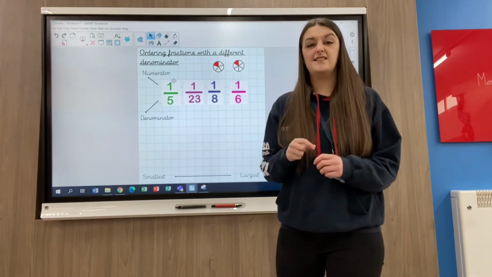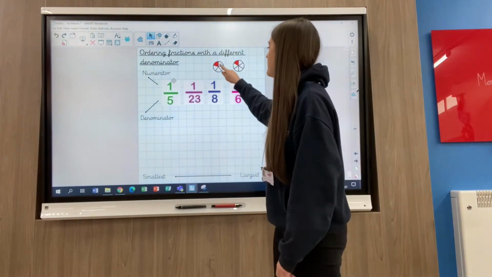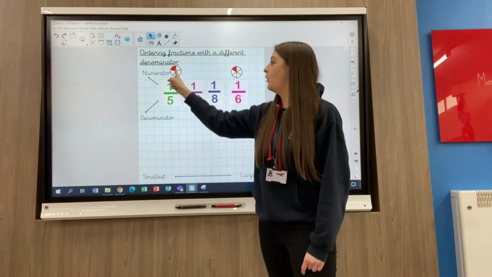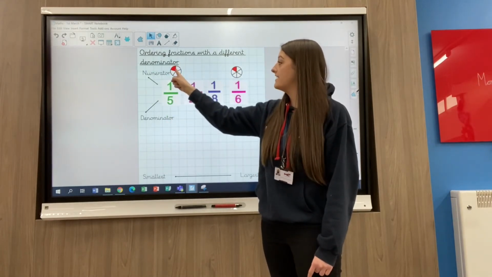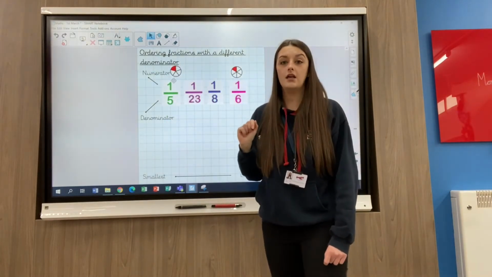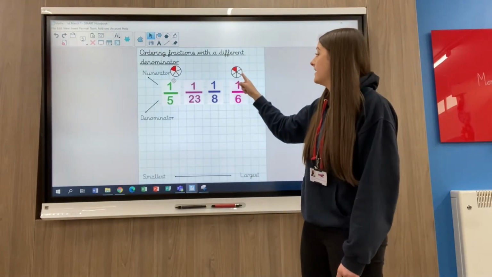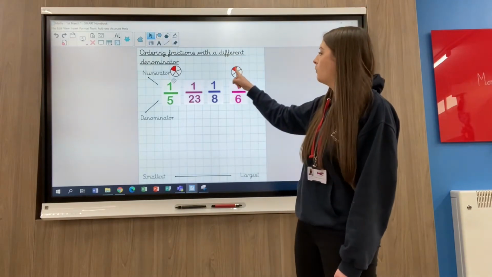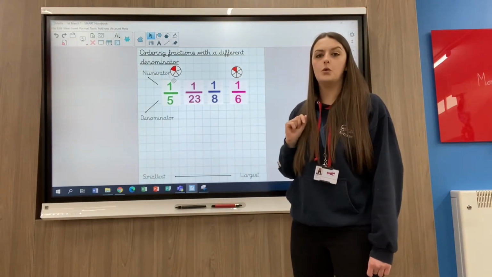And I know that's a little bit backwards, but if we think about it, I've got 2 cakes here. One that shows 1/5, so I've got 1 piece out of the 5 pieces of cake. And I've got another same size cake, but this time I've split it into 6 equal parts. And I've only got 1 out of those 6 equal parts.